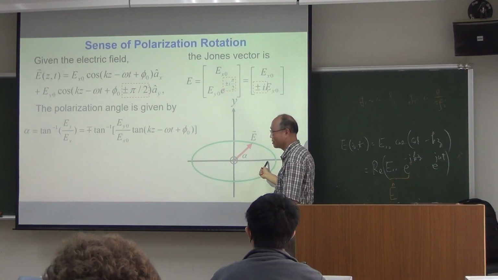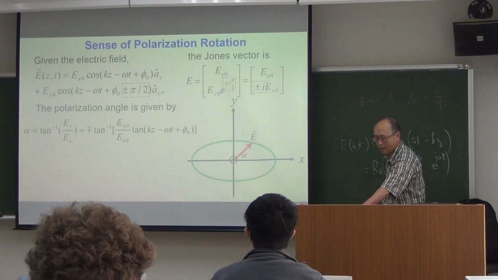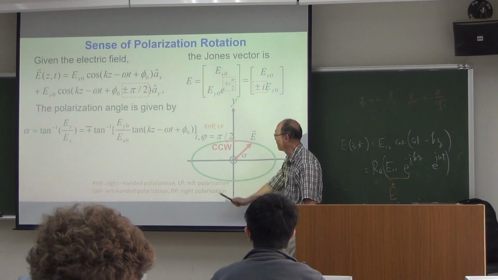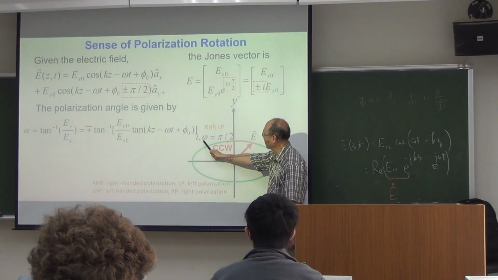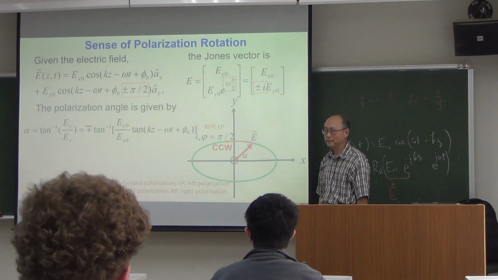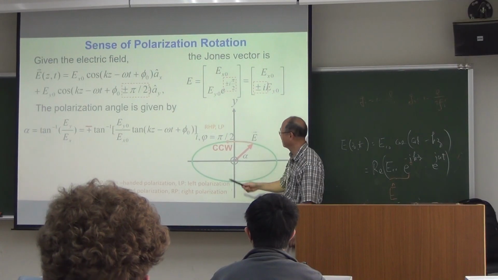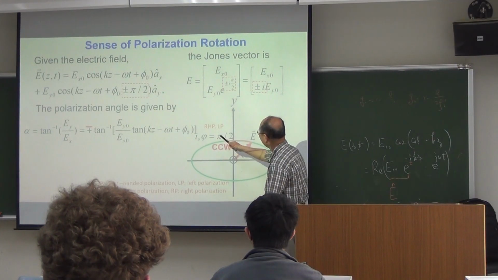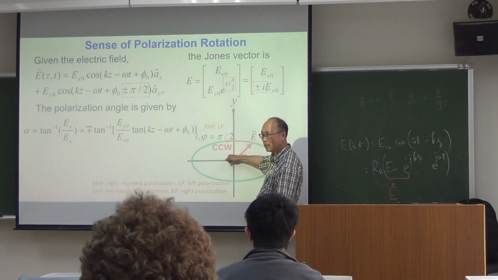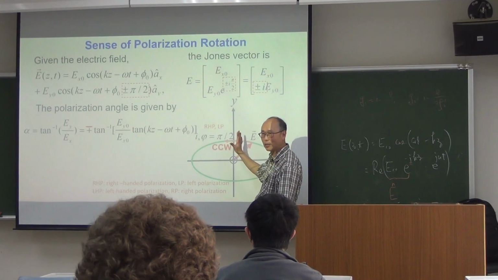When the angle increases with time, it goes along this counterclockwise direction. This is associated with phi equal to pi over 2, and then you have plus i right here. We call this right-handed polarization, because going along this direction I need to use my right hand pointing along the z direction, and the four fingers go this direction.